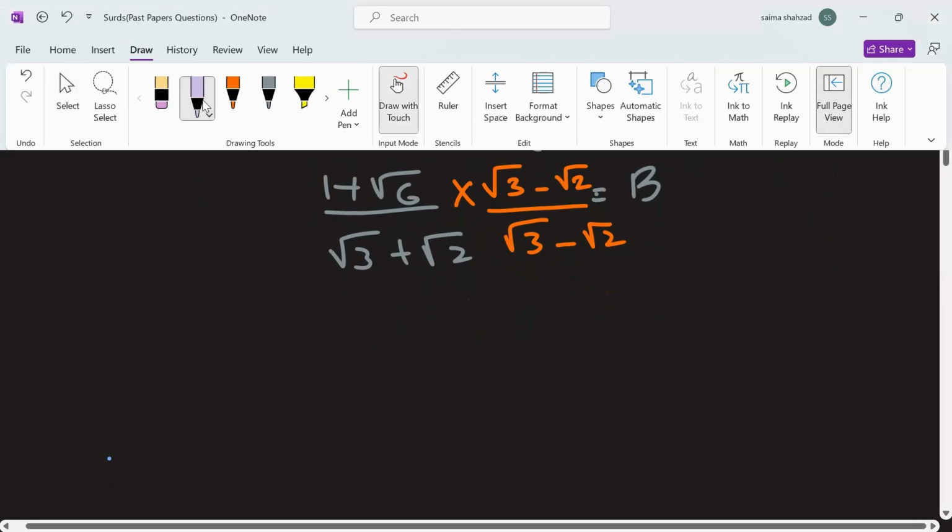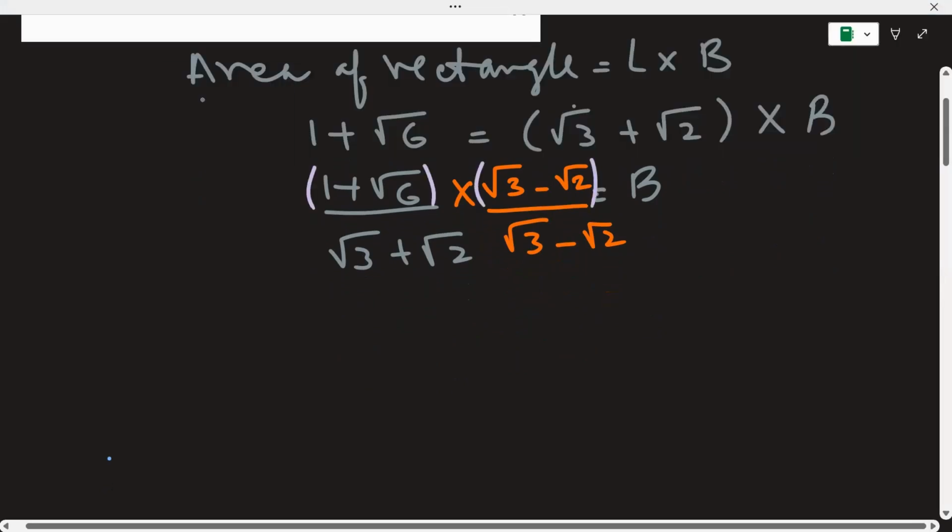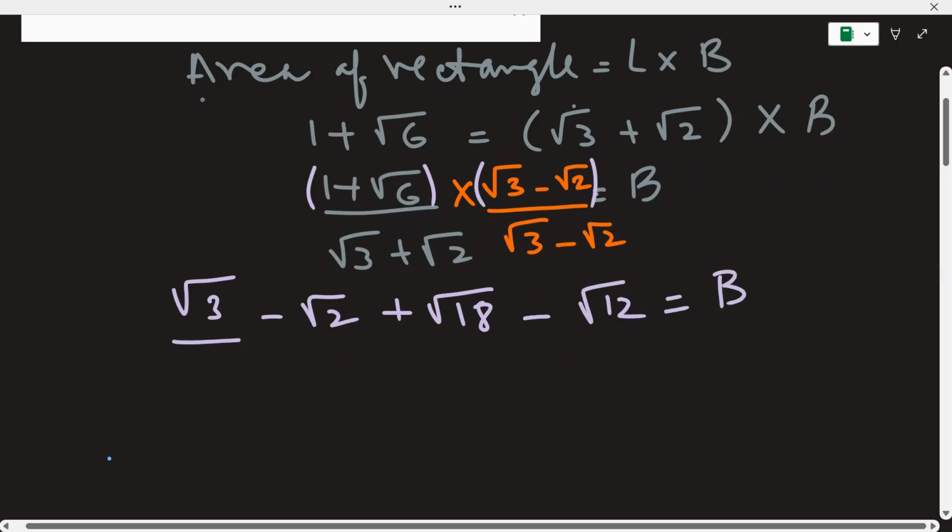So 1 times under root 3 is, you can write them in brackets as well, under root 3 minus under root 2 plus under root 18 minus under root 12. And then you apply the identity a squared minus b squared.